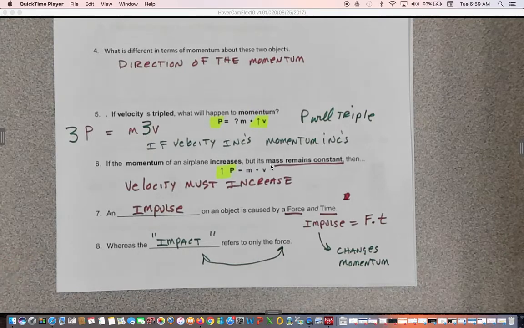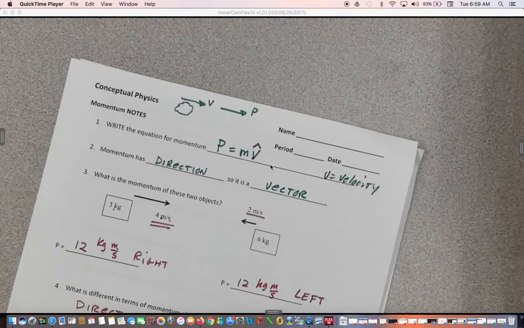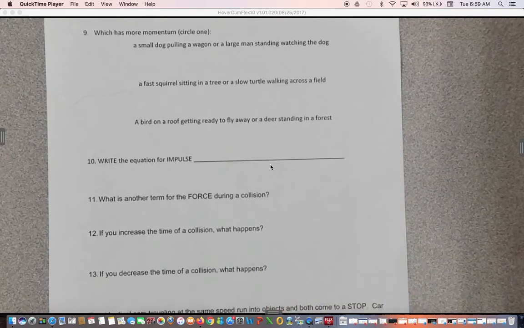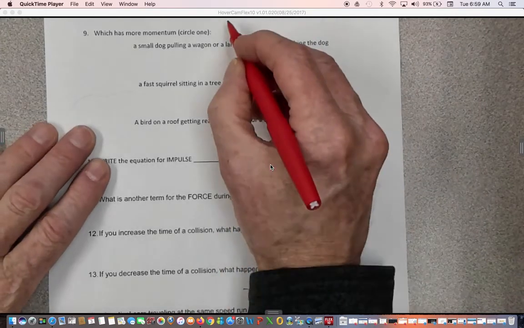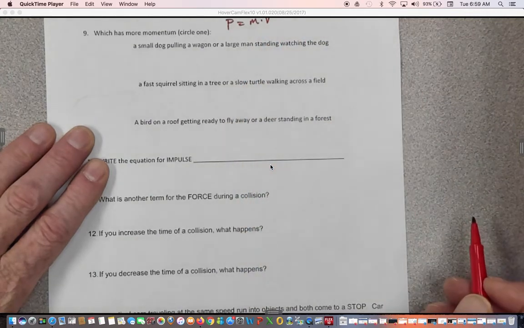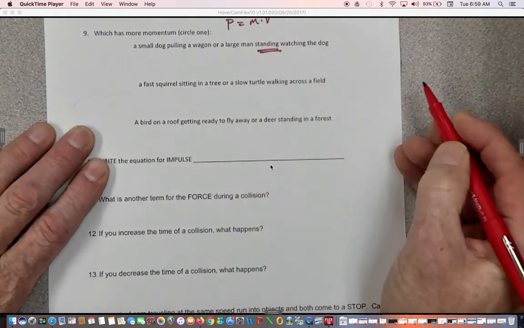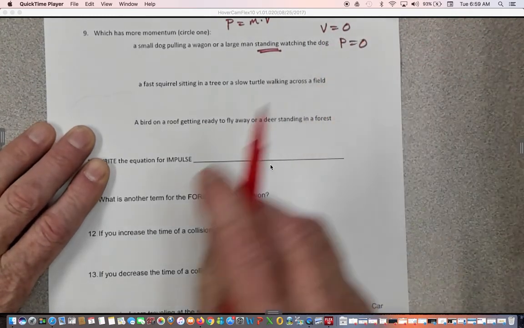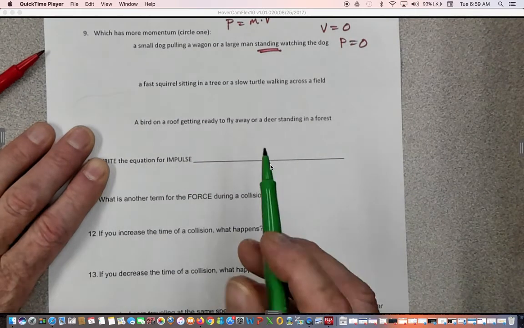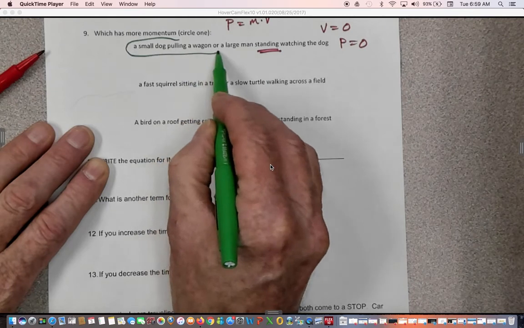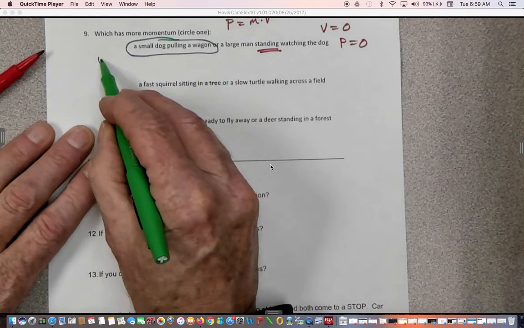So at this point, I'm hoping you've kept up. I'm going to move to the back side of this. This should be pretty easy. Which has more momentum? Well, momentum is mass times velocity. Anything standing has zero velocity, which means its momentum is zero. Therefore, a small dog pulling a wagon is moving. So this does have some velocity.